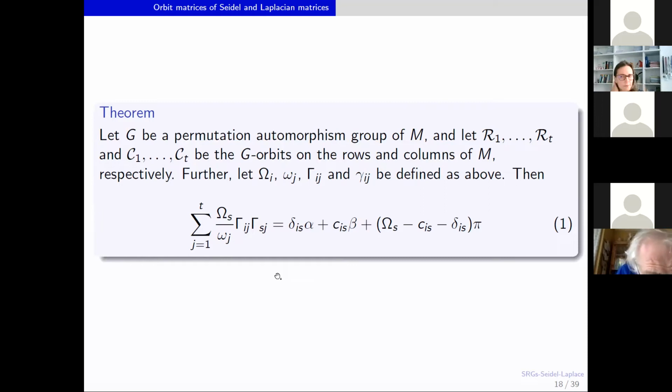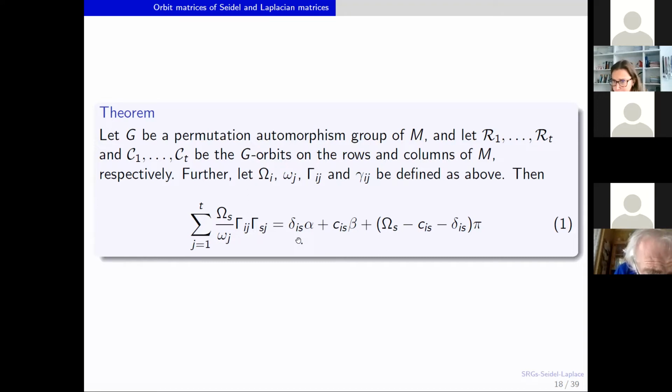On the left side you have a sum, which is equal to what follows.